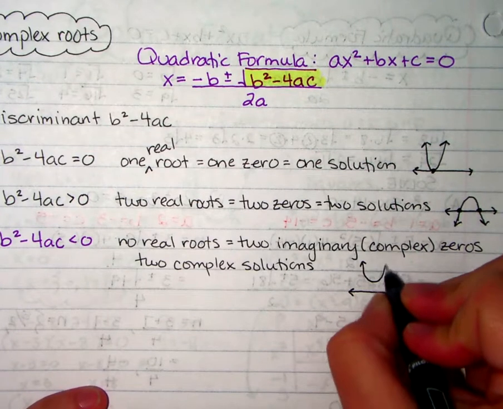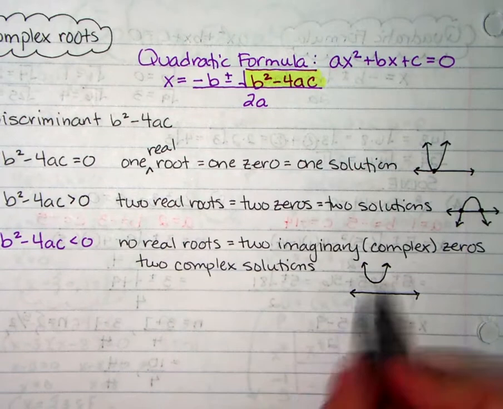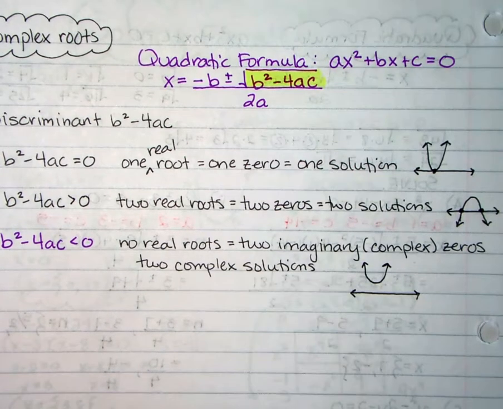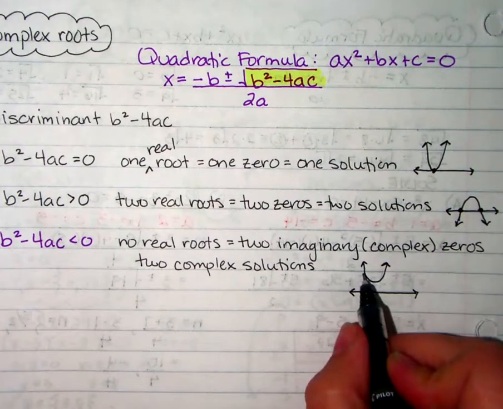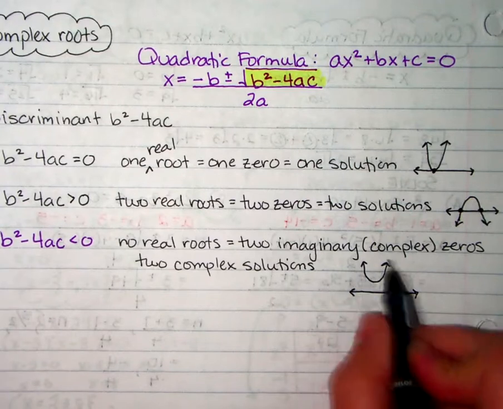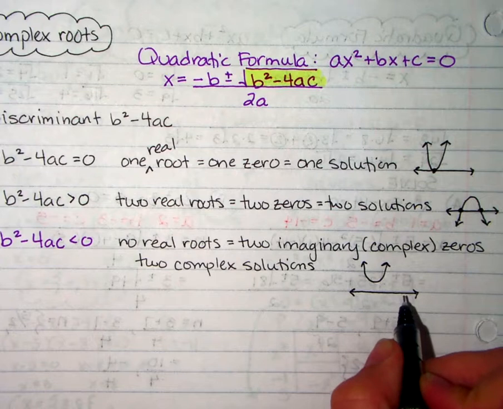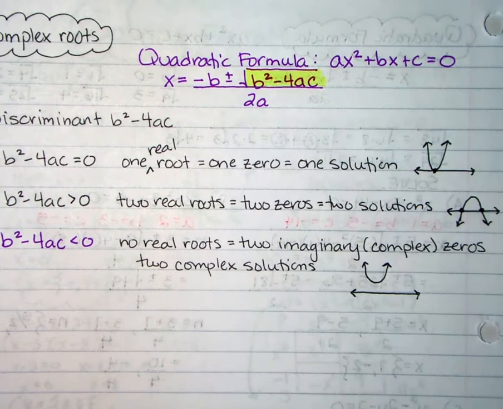So even though we have solutions to the quadratic, when they have a negative discriminant the graph is hovering above or below and does not actually touch the x-axis. It's really important that you understand the difference between a real root, something that really does cross the x-axis, and a complex root, something that tells me that I'm hovering.